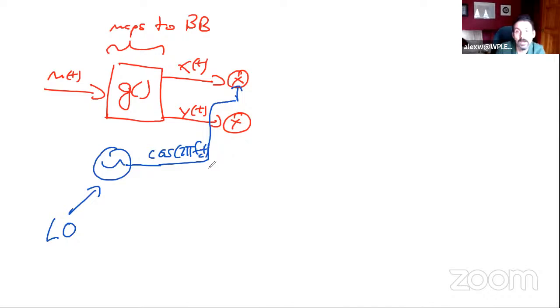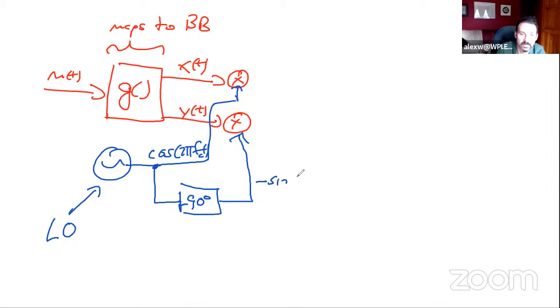Now, what do we do about this thing here? Because that's a sine. Well, that's very easy. You put a 90 degrees phase shifter, or minus 90. I might be wrong, but the reason is I need to get minus sine 2 pi fc of t. So same frequency, but it's sine, so it's 90 degrees out of phase.